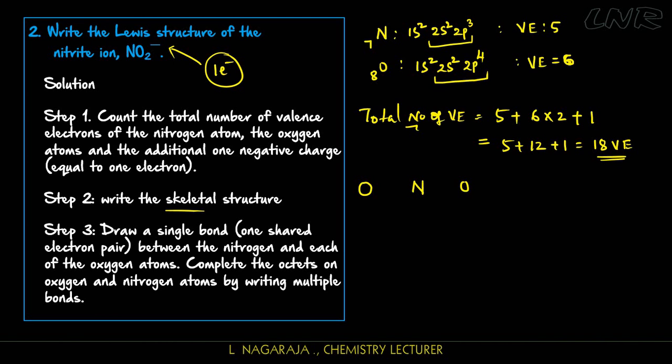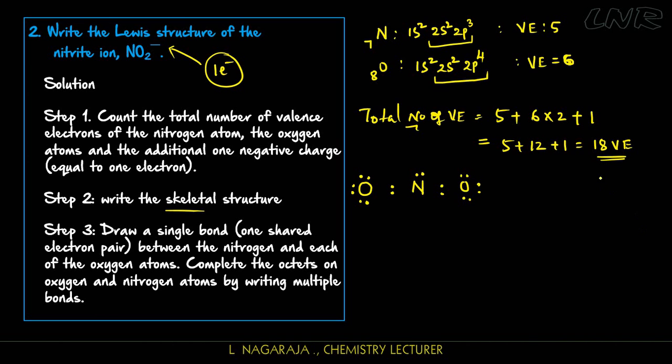And next, draw a single bond, that is one shared pair of electrons between the atoms, 1 pair and 1 pair. So out of 18, 4 electrons are filled between the atoms. 2 plus 2, 4, 5, 6, 7, 8, 9, 10, 11, 12, 13, 14, 15, 16, 17, 18.